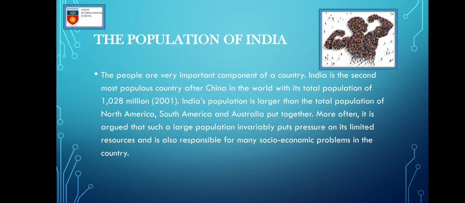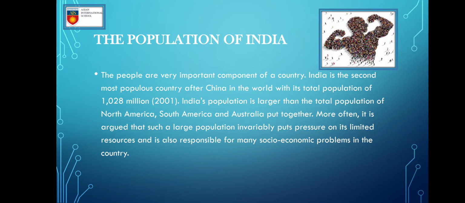The population of India. The people are a very important component of a country. India is the second most populous country after China in the world with its total population of 1,028 million according to the count of 2001.